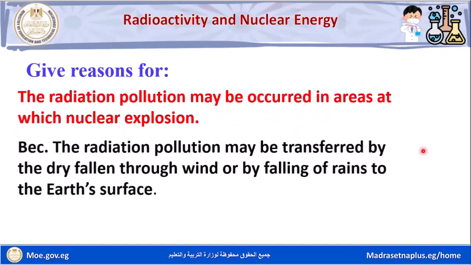Because radiation pollution may be transferred by the dry falling through wind or by falling of rains to the Earth's surface, like when rain fell in May, it carried radioactive elements to the Earth's surface.